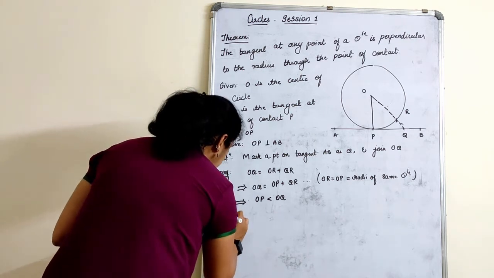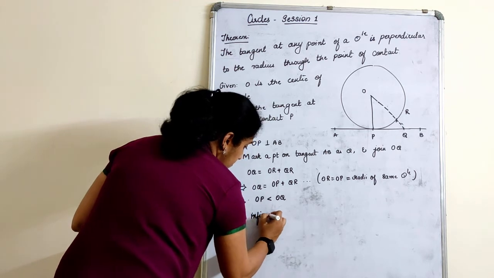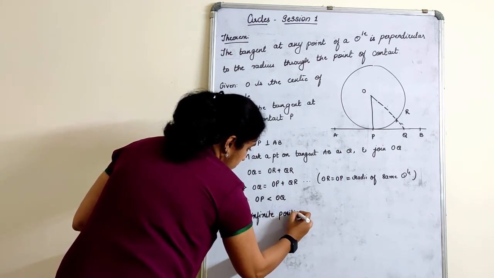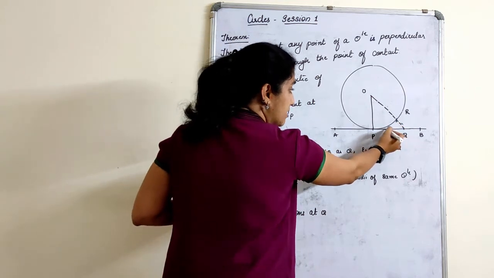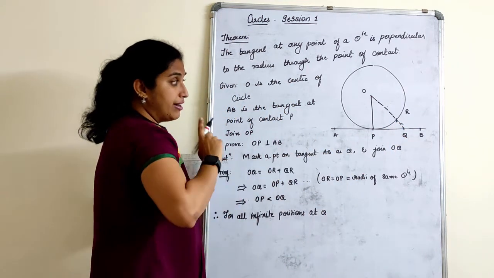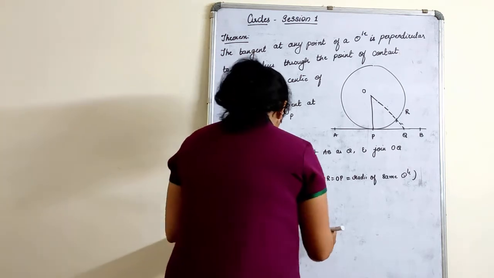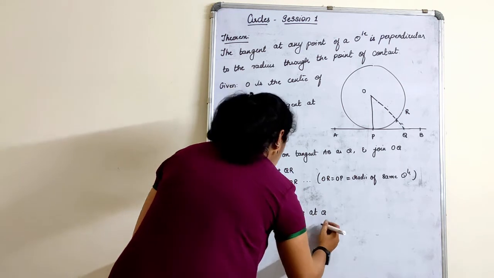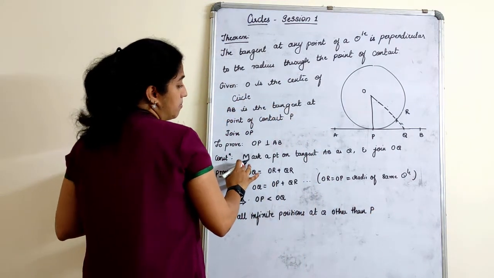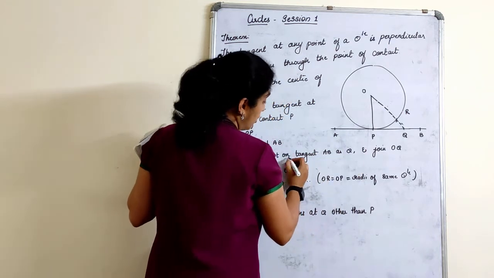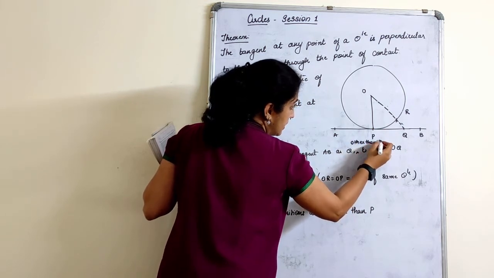Therefore, for all infinite positions at Q, that means wherever I draw Q, either here, outside the circle, on the tangent I have written, wherever I mark a point Q, for all infinite positions at Q other than P. Even here, when we say mark a point Q on the tangent AB other than P, that should not be on P. Other than P, that point should be there.